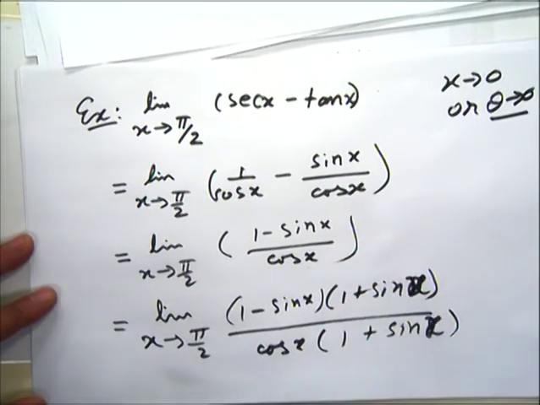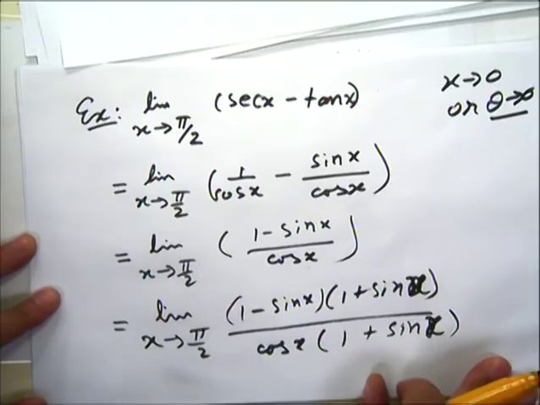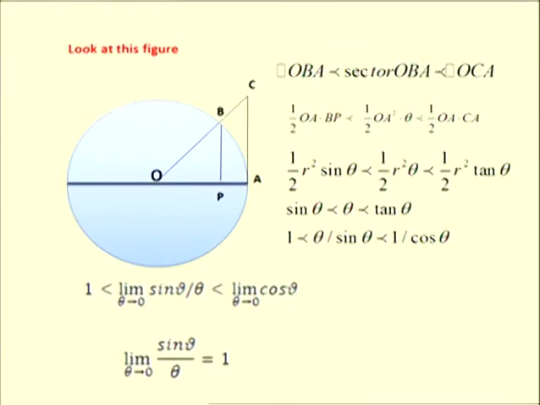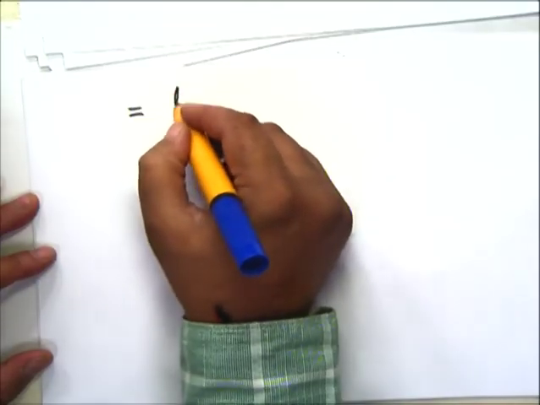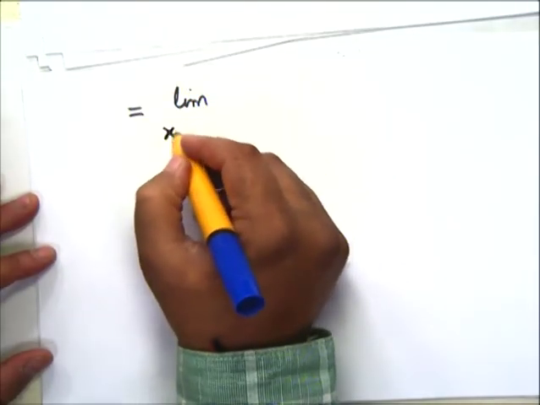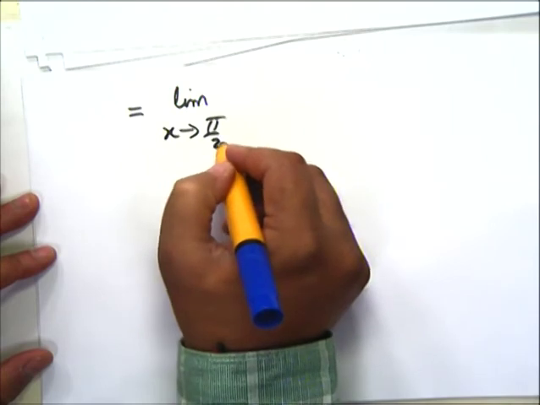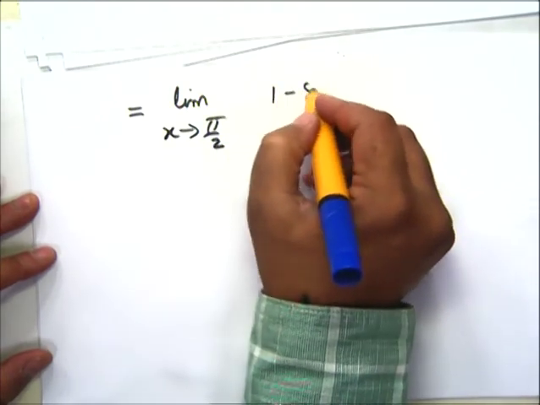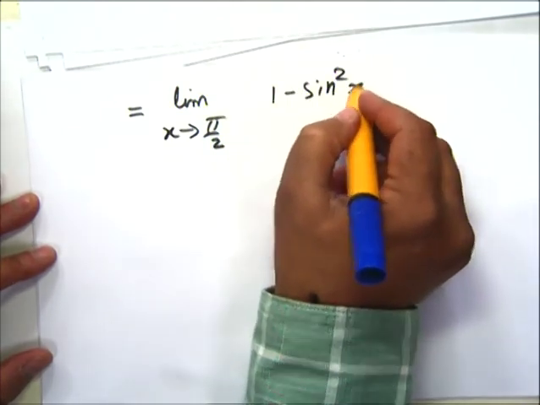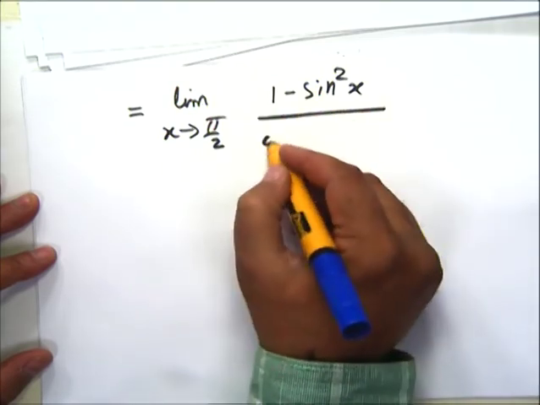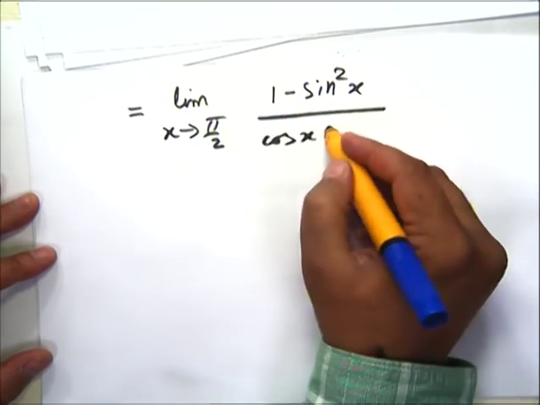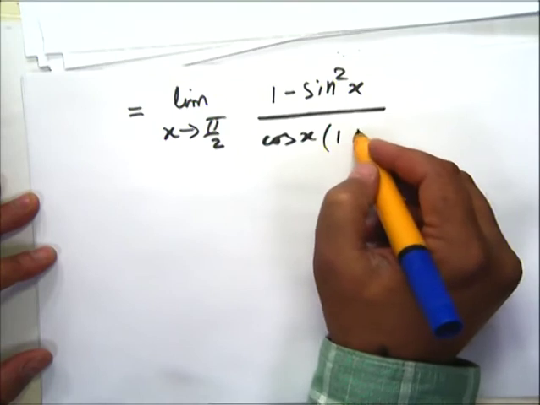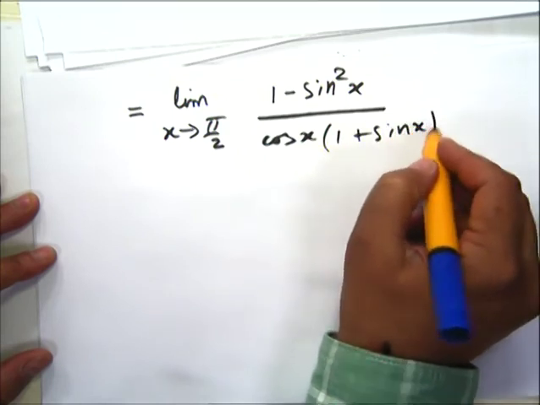So 1 minus sin x into 1 plus sin x is 1 minus sin square x. So this is equal to limit x tends to pi by 2 of 1 minus sin square x upon cos x into 1 plus sin x.